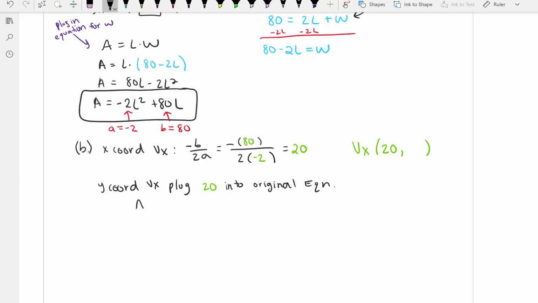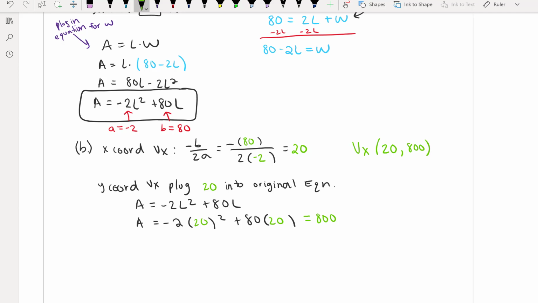So I have that area was equal to negative 2L squared plus 80L. So what I'm plugging in there is 20. And so when I plug 20 in, I'm going to get a certain value. When I plug it into my calculator, I'm going to get 800.